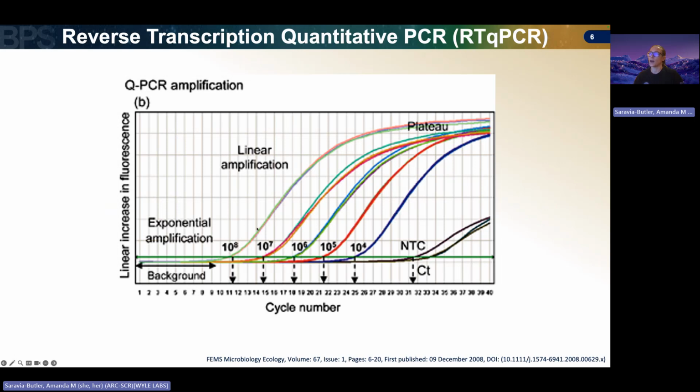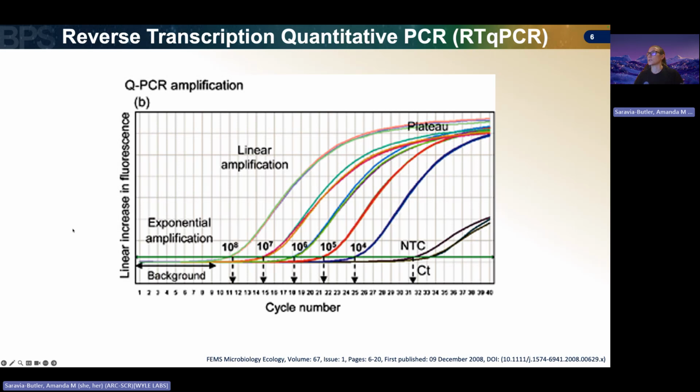So this sample here for this gene is going to have more of that gene compared with this sample over here, that took many more cycles to detect a signal beyond background.